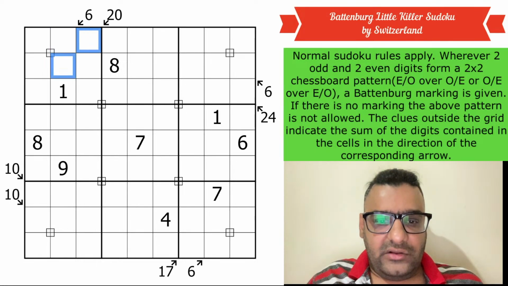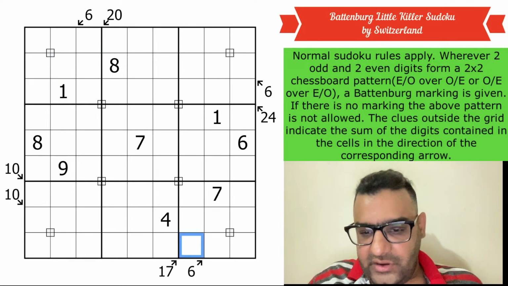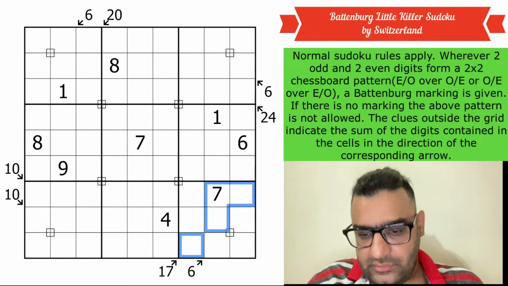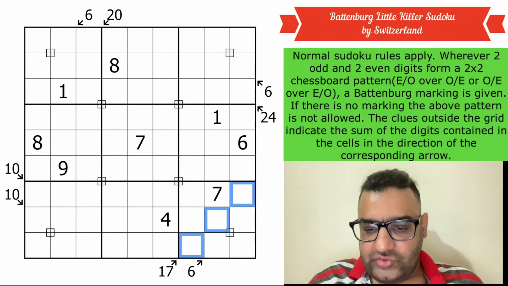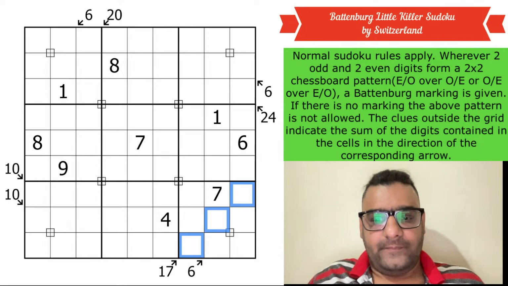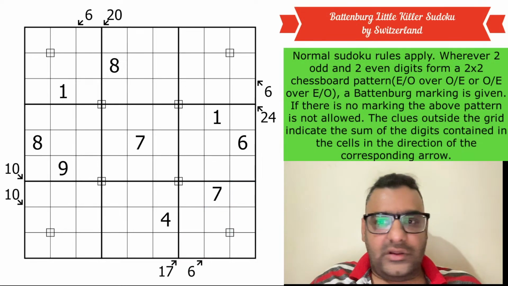And if we add these three, then it should be 20. If we add these three, then if we sum them, it should be 17. So these are the rules.